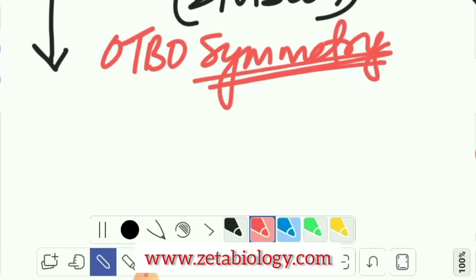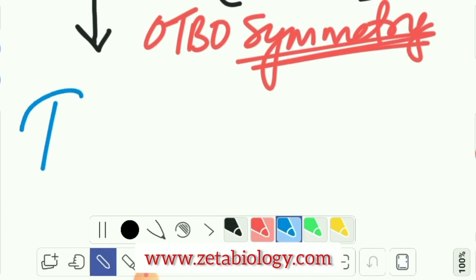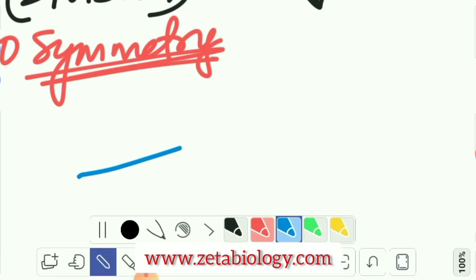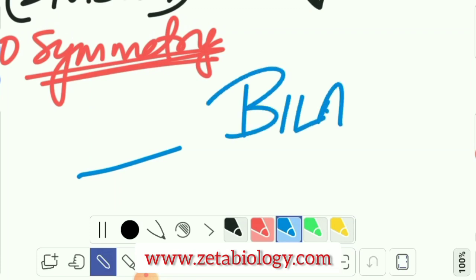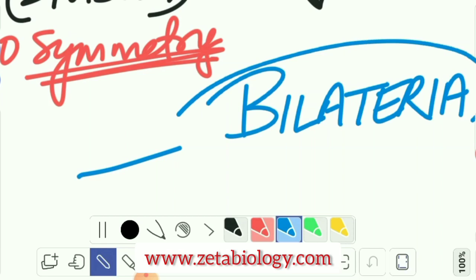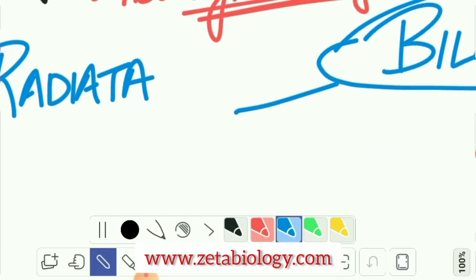Okay, so Radiata, and the other is Bilateria, on the basis of symmetry.